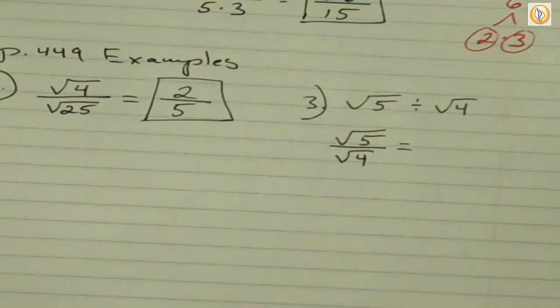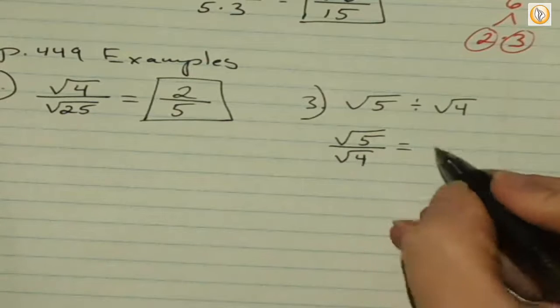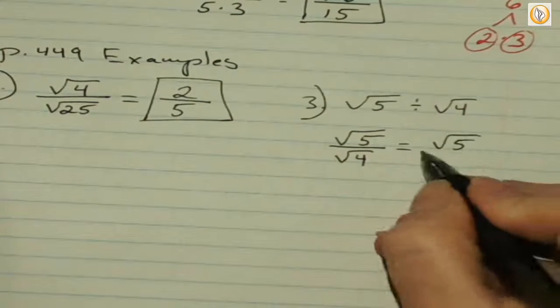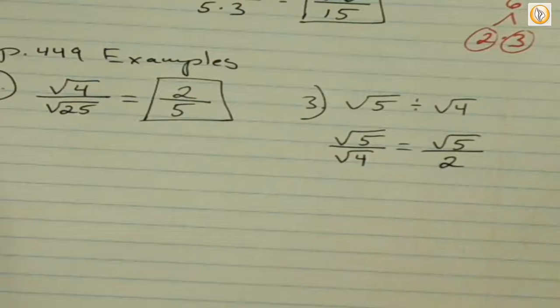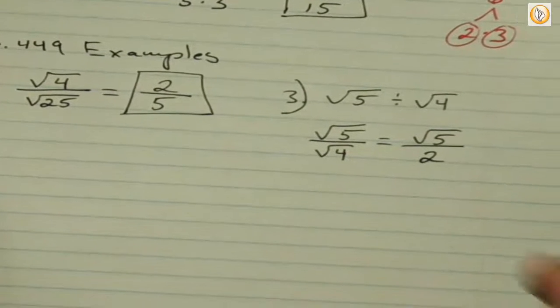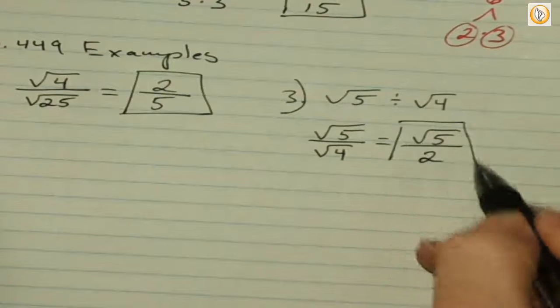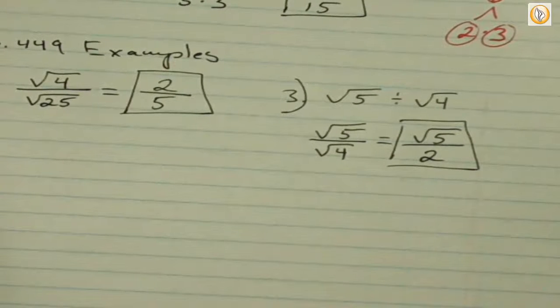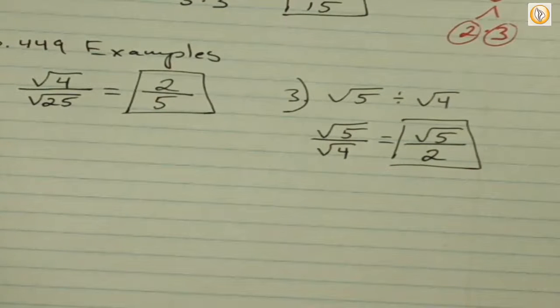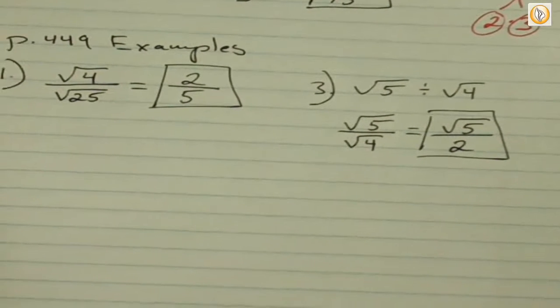Nothing jumps out at you? What about the 4? 2 times 2. It's a perfect square. So the 4 is a perfect square, and the 5 is prime. We can't factor that anymore, so we're done. And you can't do 5 divided by 4 or anything. So see, sometimes these will work out really nice for you.